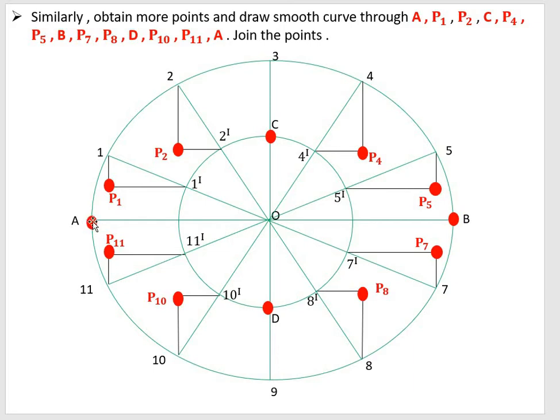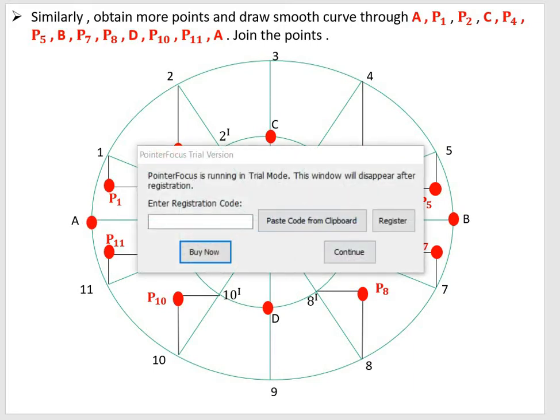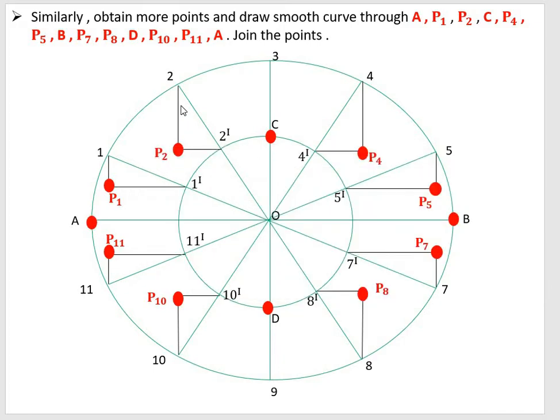Now you see I have marked the points where the horizontal and vertical lines are meeting. I have given one red dot and one name. For example, it's P1, P2, this C as P3, P4, P5, P6, P7, P8, P9, P10, P11, and P12.